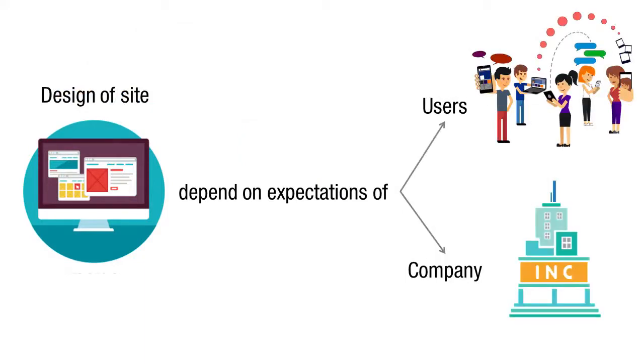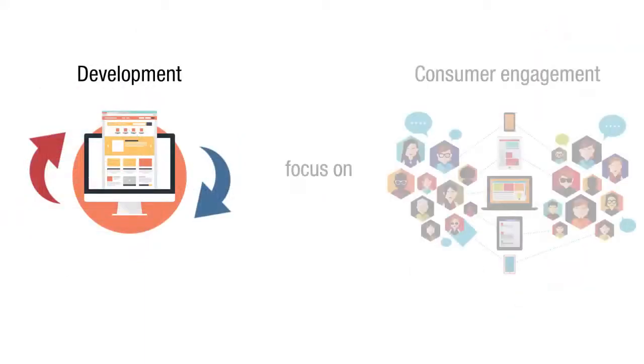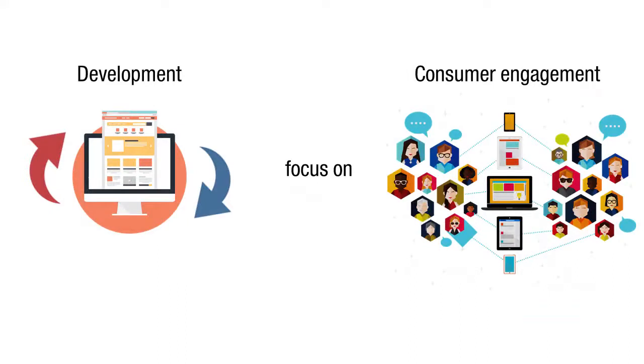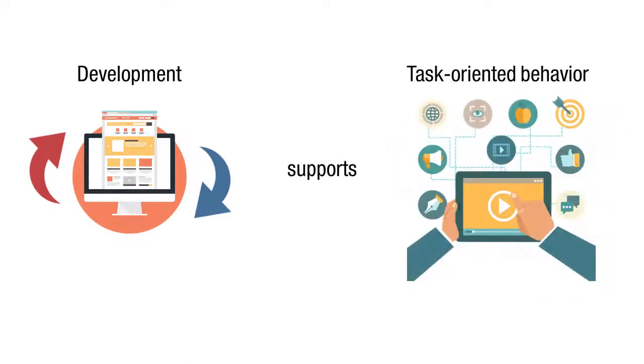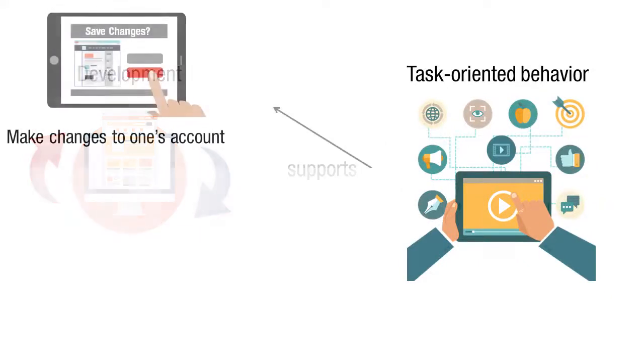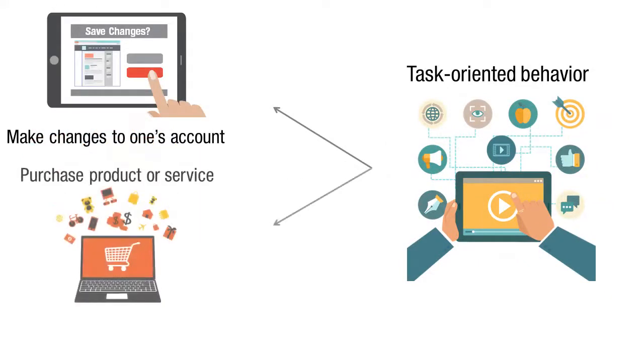The design of the site should depend on the expectations of both the users and the company. In some cases, the development might focus on consumer engagement, while in other cases, the design might be oriented towards supporting task-oriented behavior, such as the ability to make changes to one's account, purchase a product or service, and so on.